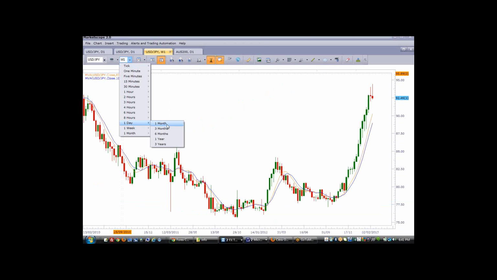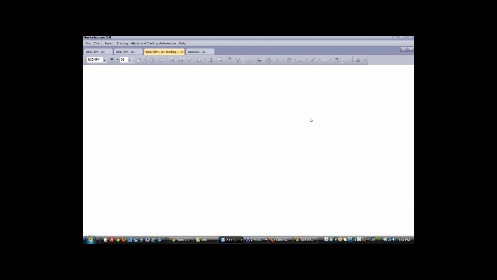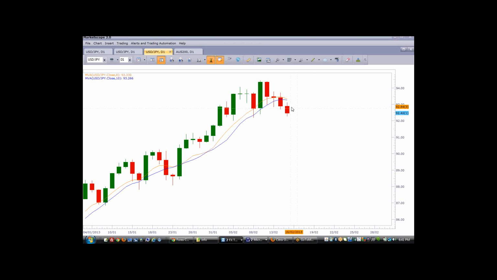And with our M3 on the daily, at the close of today, second candle below the 8 and the 10, so there's actually an entry potential based on M3 to go short. Any questions with the dollar yen? No questions. Okay.